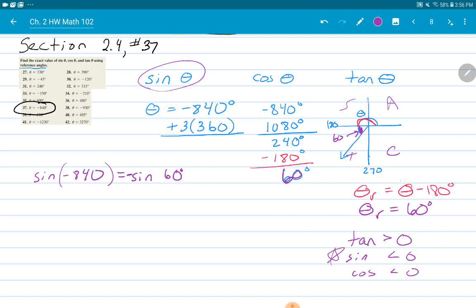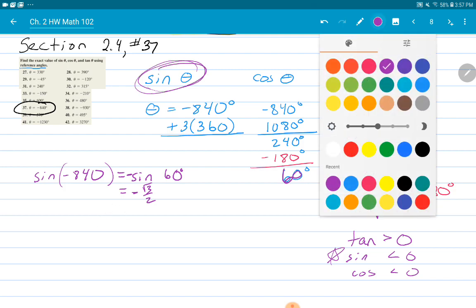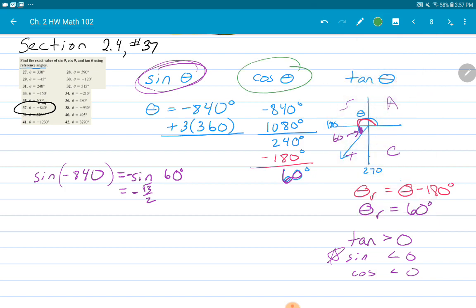So I'll put a negative sign out in front, and I know the sine of 60 is radical 3 over 2. Then let's do cosine in green.